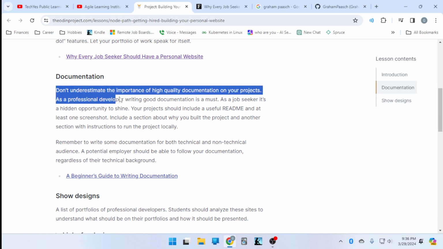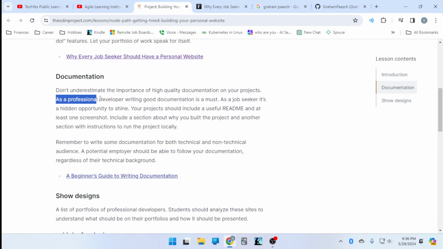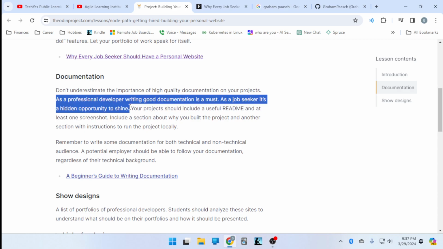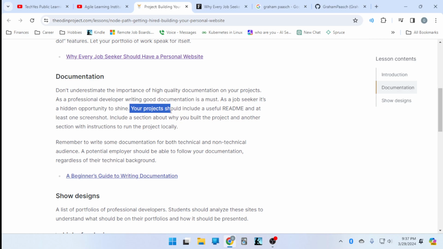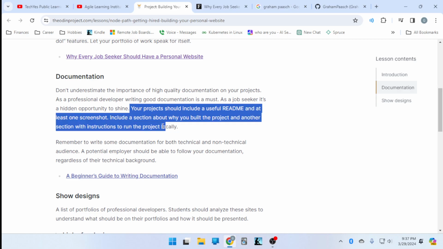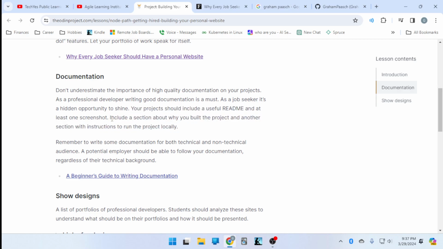All right, so next is documentation. Don't underestimate the importance of high quality documentation on your projects. As a professional developer, writing good documentation is a must. As a job seeker, it's a hidden opportunity to shine. Your projects should include a useful README and at least one screenshot.